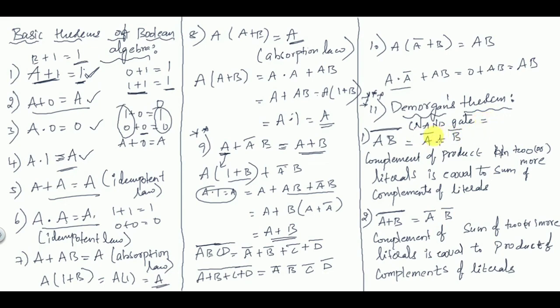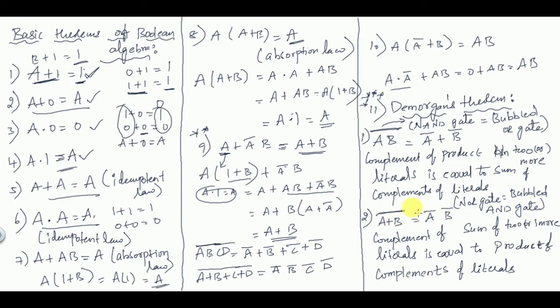Sometimes they may ask you: NAND gate is equal to bubbled OR gate. That is what the first theorem is. (AB) bar represents the NAND gate, and A bar plus B bar represents the bubbled OR gate. Similarly here, NOR gate is equal to bubbled AND gate.